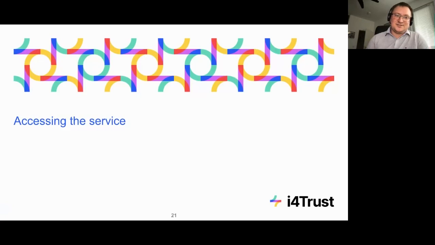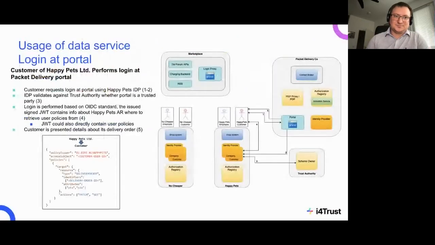Now the final step, accessing the service. What I showed was that an actual customer of the Happy Pets company first logs in at the portal application of the Packet Delivery company. It's actually the same flow as when the employees logged in at the marketplace.